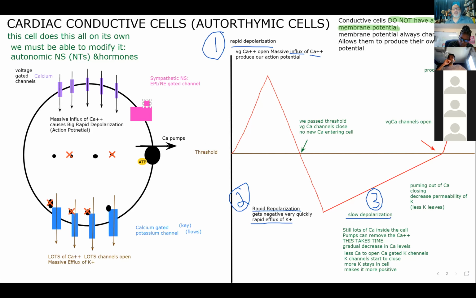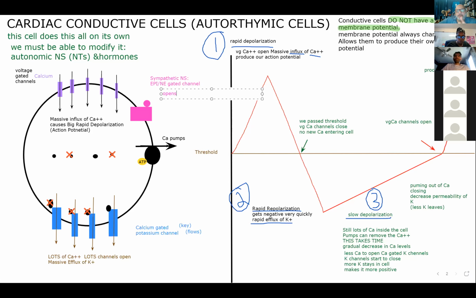Does anybody remember what kind of channels our sympathetic nervous system opens on the heart with that epinephrine or norepinephrine? All right, let's work our way to it. What effect is the sympathetic nervous system going to have on our heart? Excitatory.